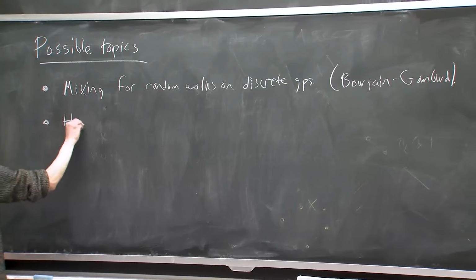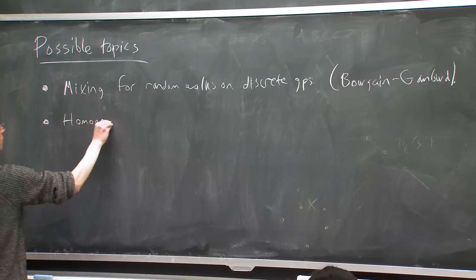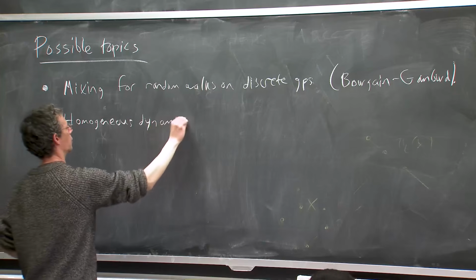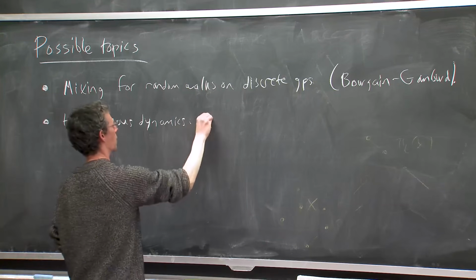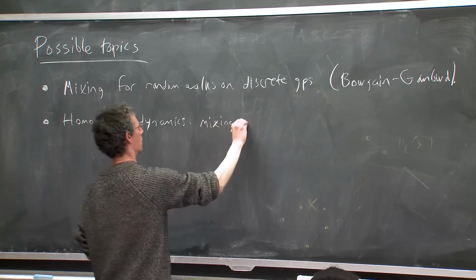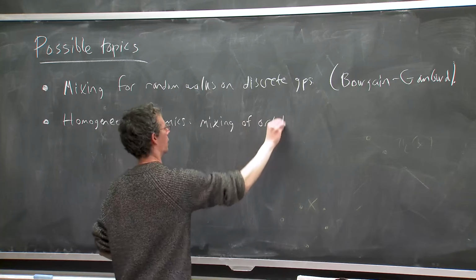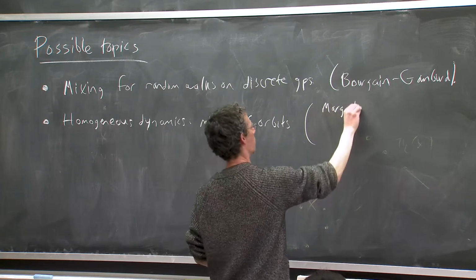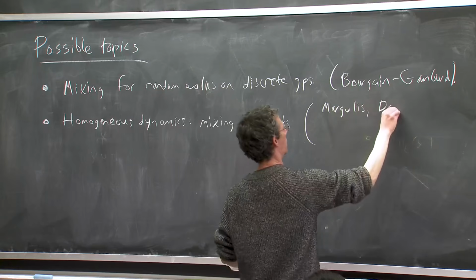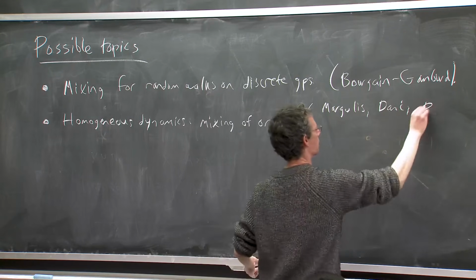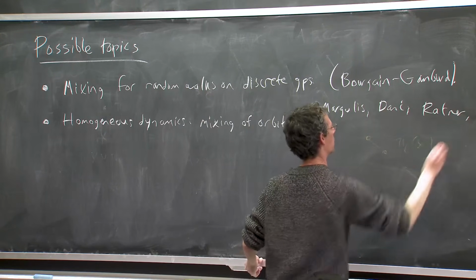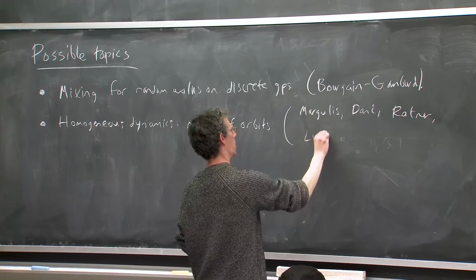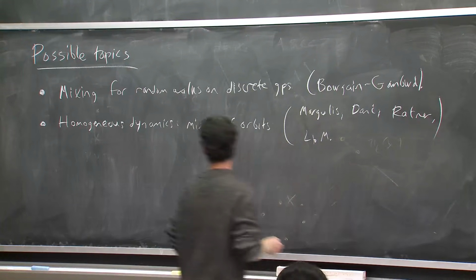Another topic is a part of homogeneous dynamics. And it's also about mixing. It's like mixing of orbits. And some of the names involved in it are Guth, Dani, Ratner. And there's some recent work of Lindenstrauss and Mohammadi.